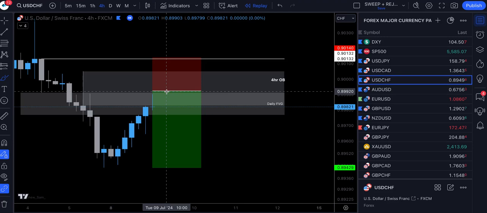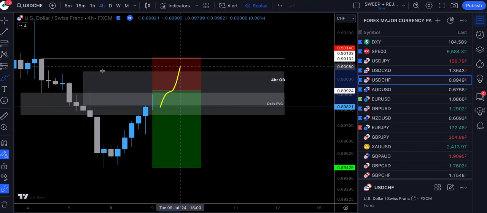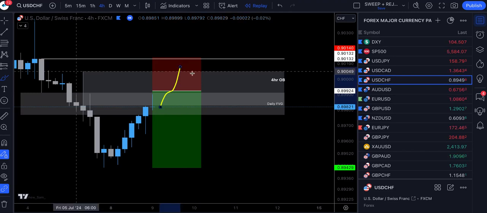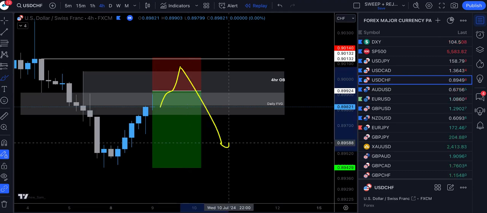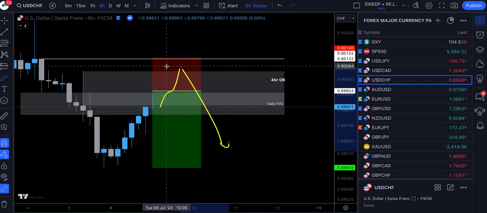As I said, you're not going to get that instant execution where it's just going to go straight into profit every time, okay? And sometimes what you do find is price pushes up, okay? It may deviate above this order block high here and then ultimately sell off to the downside, okay? So it's always nice to give it a bit more room to breathe, okay?